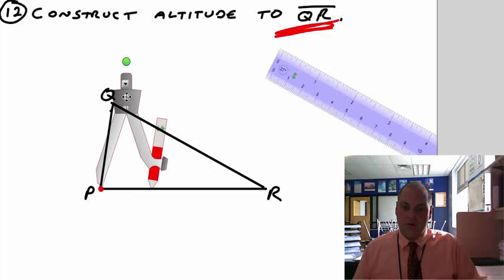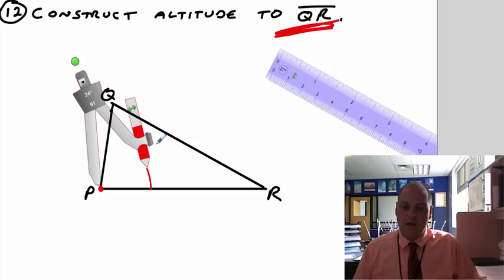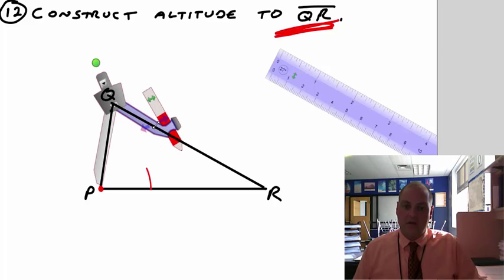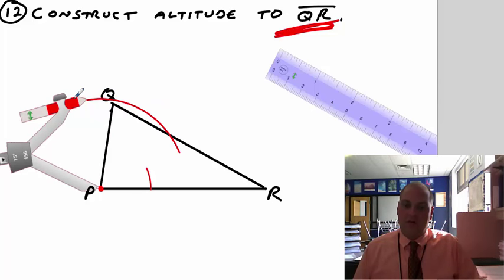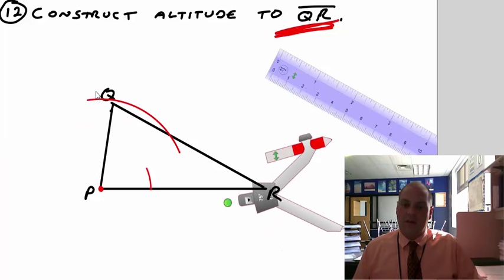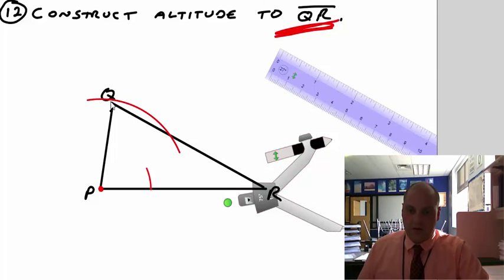We got to open it up more than that. Okay, let's see. There we go. We missed it a little bit, so we're just going to extend that a little bit. If you miss it, you can always extend it with a straight edge.